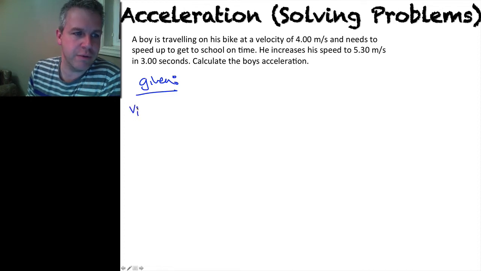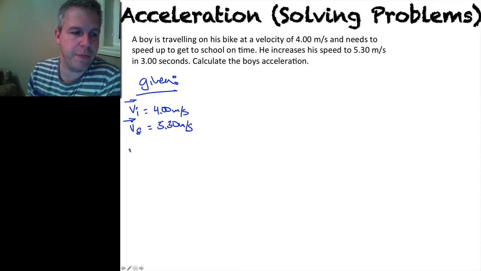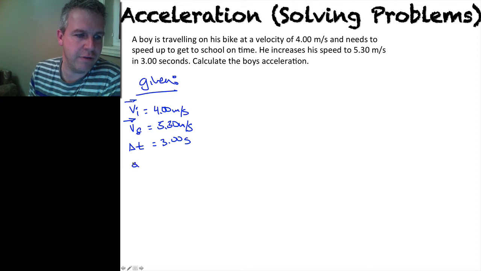So the very first thing we have is an initial velocity of 4.0 meters per second, and then we have a final velocity of 5.3 meters per second, and we have a change in time, delta t, and that change in time is 3.00 seconds, and I'm asking you to solve and tell me what the acceleration is. That's the one thing that we don't know.